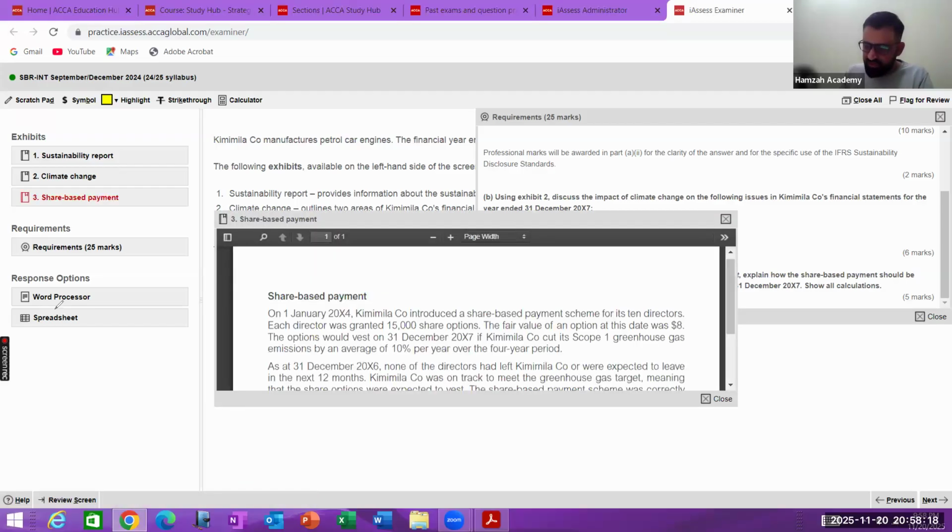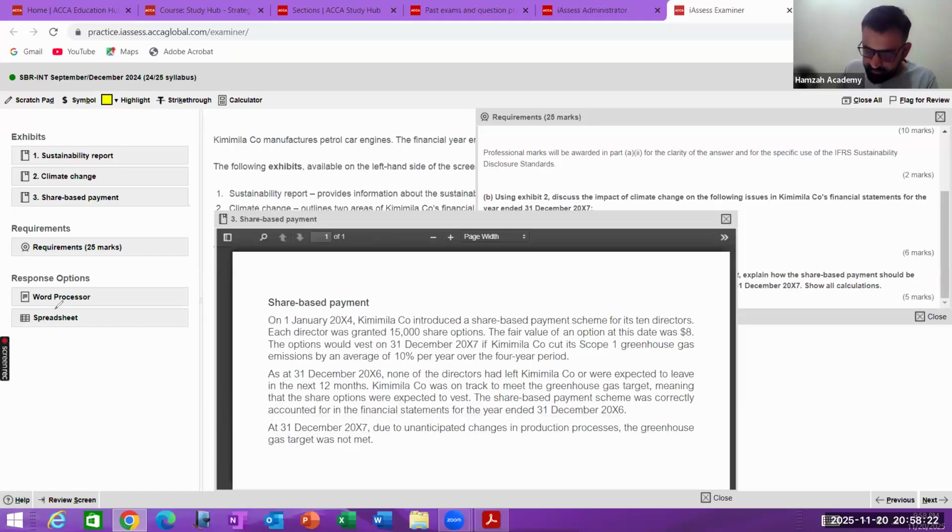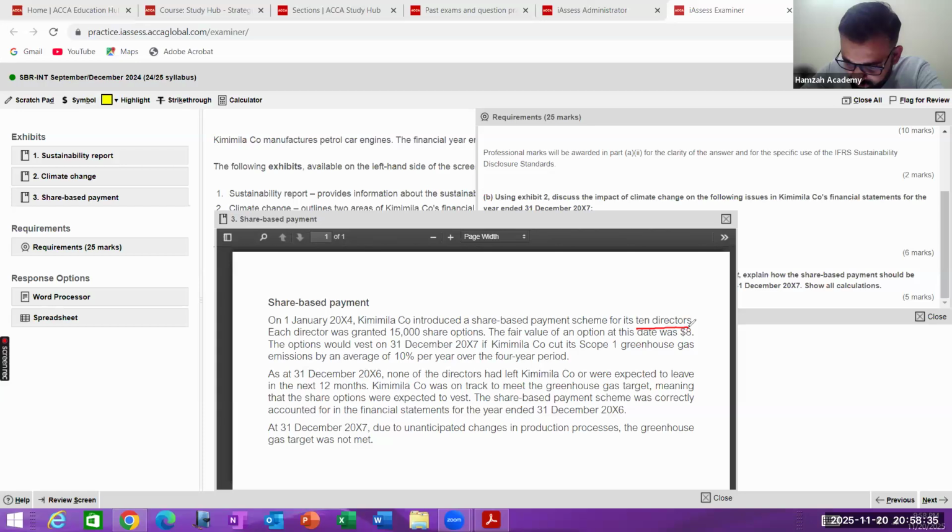So now we have Exhibit number 3. On 1st January X4, K company introduced a share-based payment scheme for its 10 directors. Each director was granted 15,000 share options.